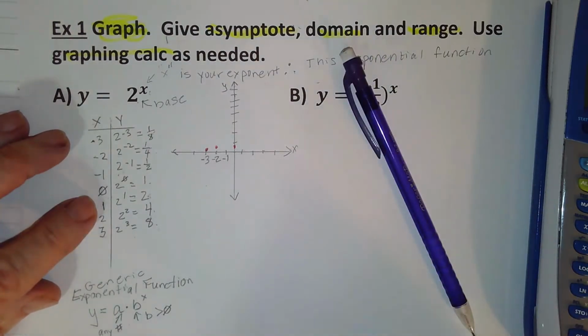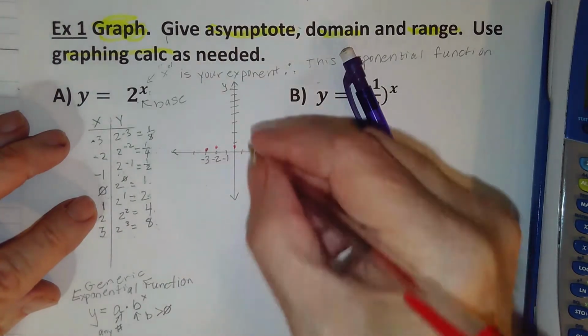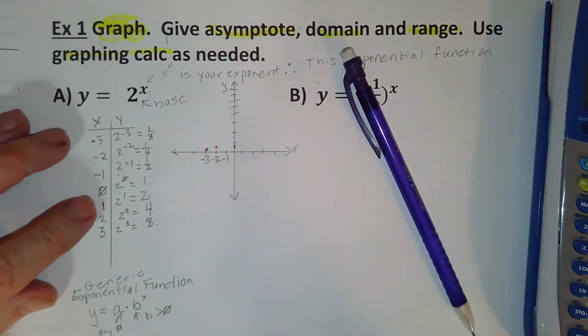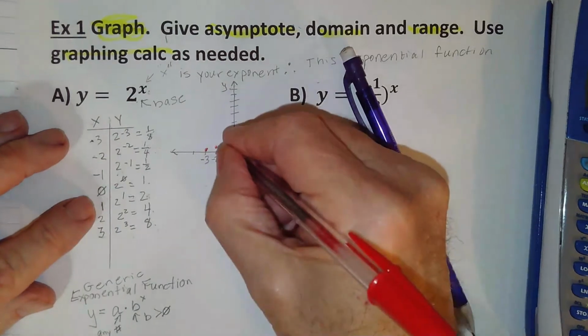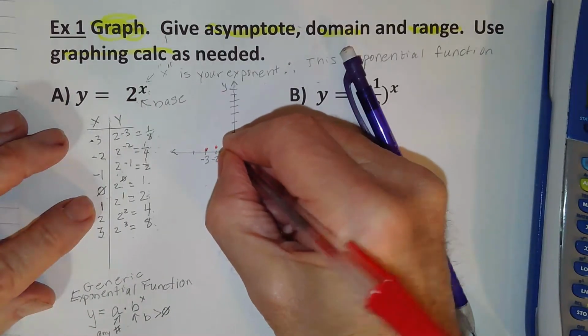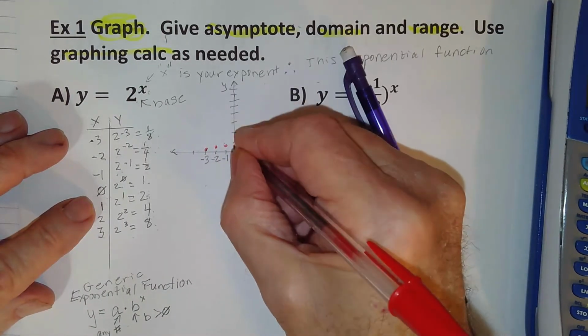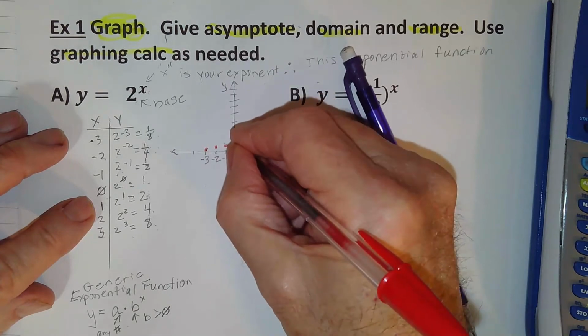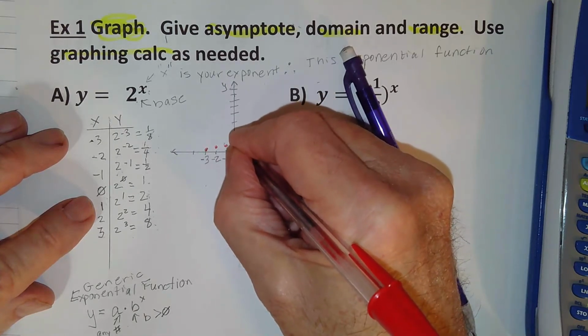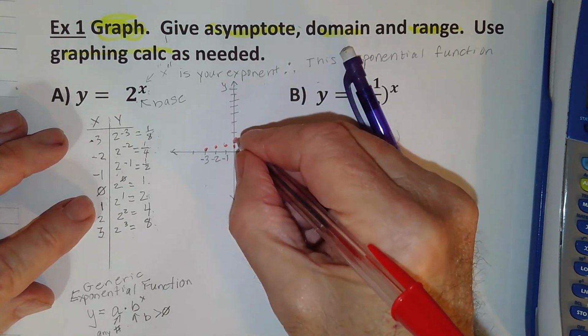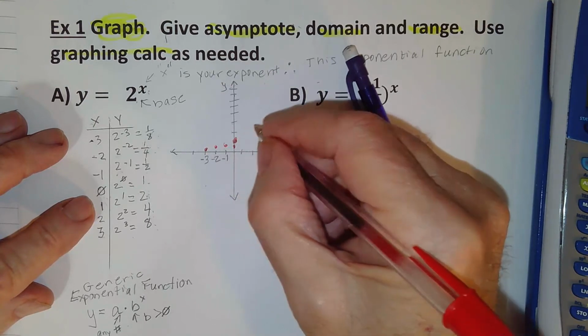Oops, I did that wrong. This one goes over here. And then here's where x is 0, y is 1.